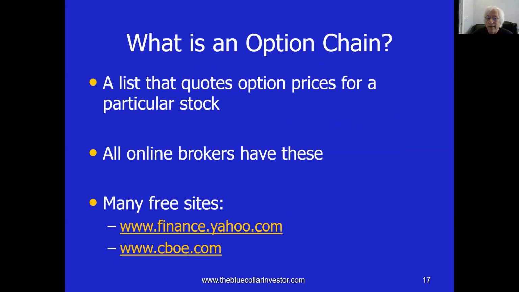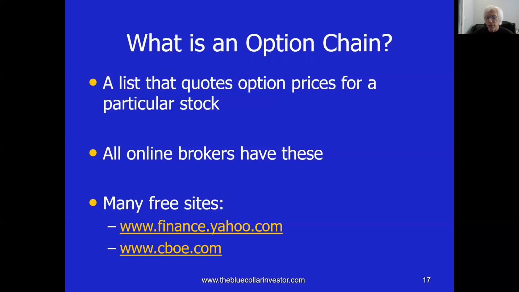Well, what is an option chain? It's simply a list of quotes of option prices. If we buy a stock, we first look and see how much is that stock. Well, if we sell an option, we want to know how much cash we're going to generate when we sell that option. So we have to go to what's known as an option chain. Now, all brokers have option chains for every option that exists.